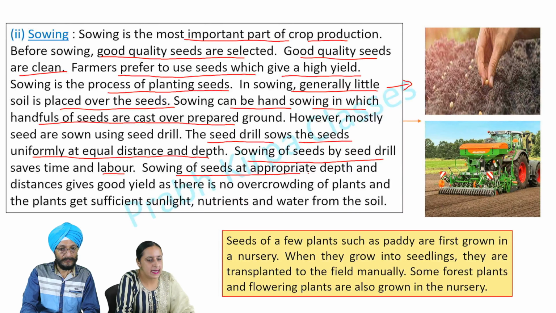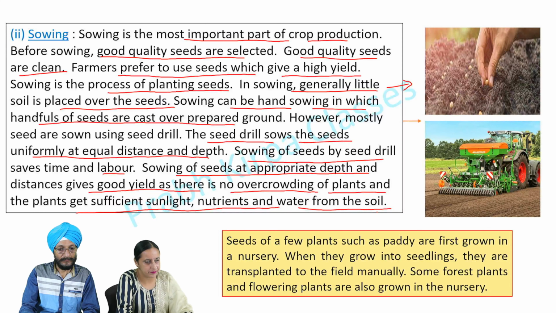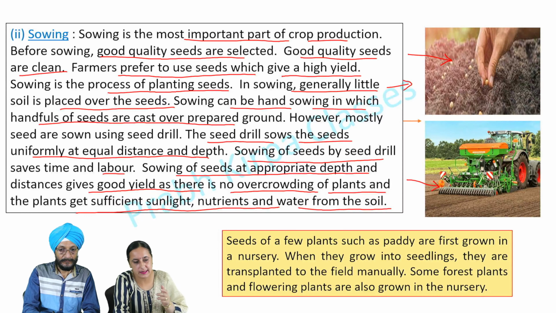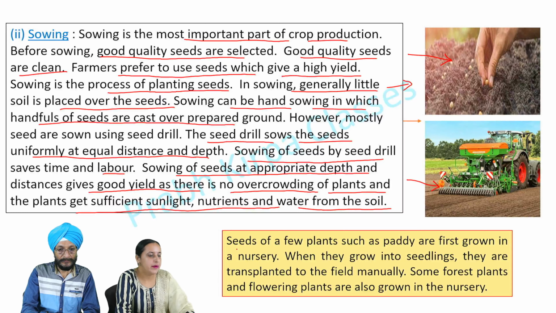Sowing the seeds at appropriate depth and distances gives good yield, as there is no overcrowding of plants and the plants get sufficient sunlight, nutrients and water from the soil. In the first picture, seeds are being sown by hand, whereas in the second picture, a modern seed drill is being used for sowing seeds.